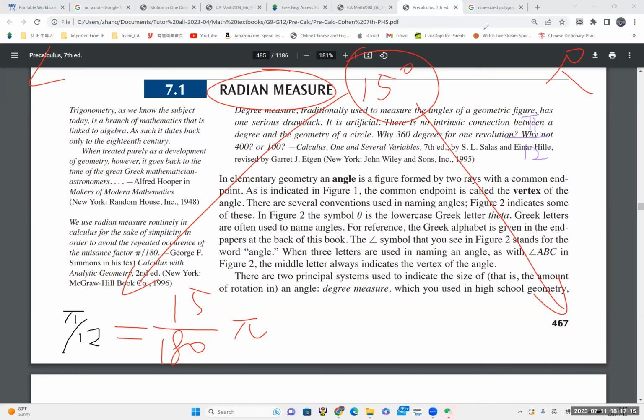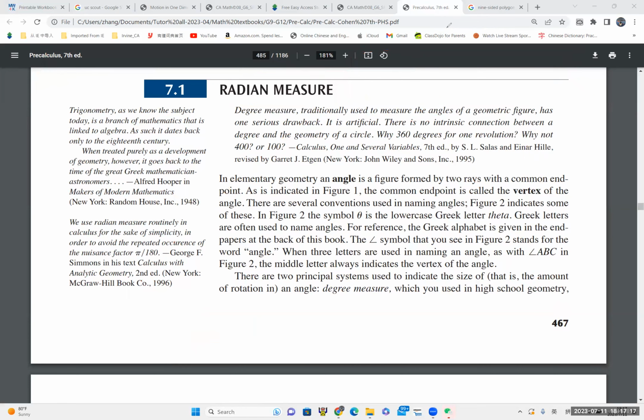Now another question. If in radian measure it's 1, then how many degrees does this mean? I think it's around 57 something. Yeah. Again, pi means 180 degree, right?